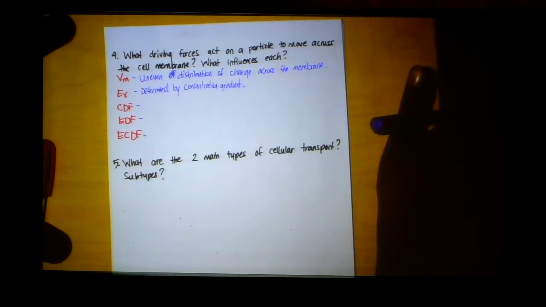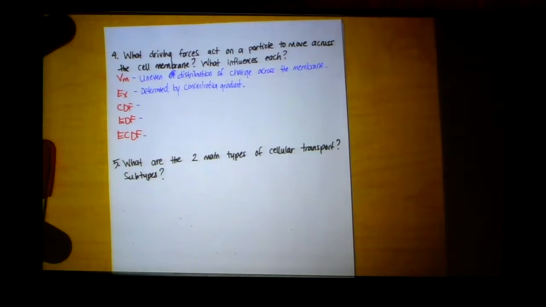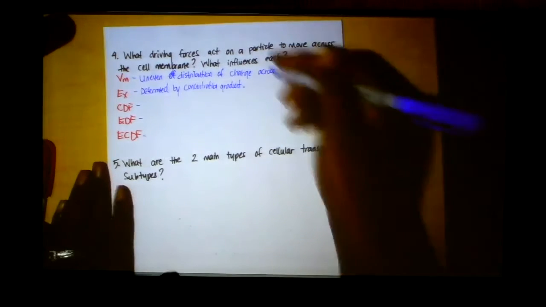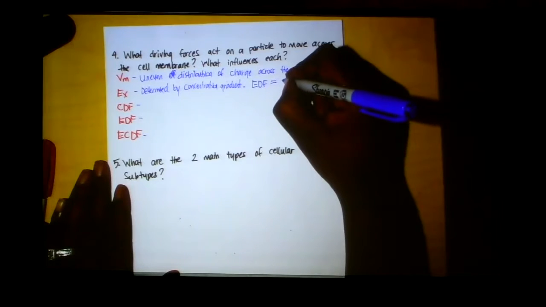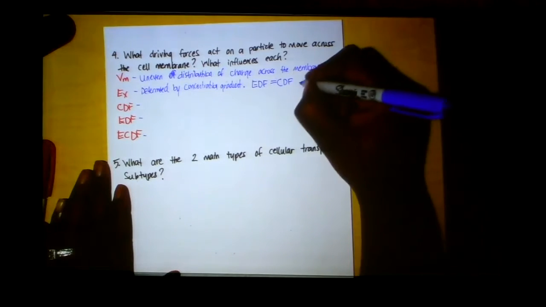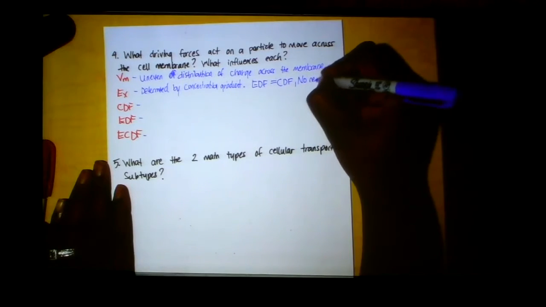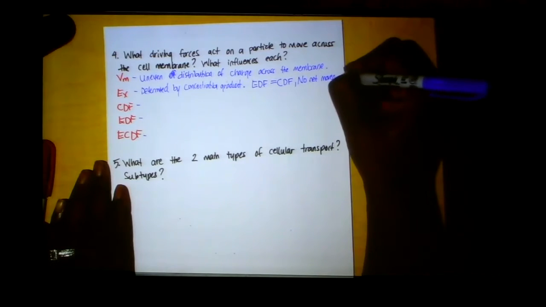The force that wants to push it into the cell wants to push it out of the cell. And so where does it go? Nowhere, right? It doesn't move. So when an ion is at equilibrium, it's at that membrane potential where it's not trying to move, right? It's equalized across the membrane. All right? So our electrical driving force is equal and opposite to our chemical driving force, and so we have no net movement. That's what happens at equilibrium.